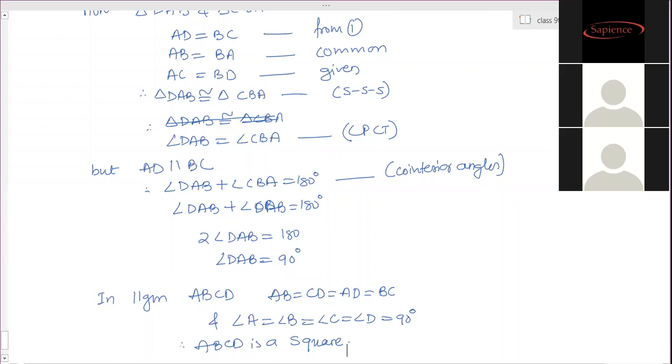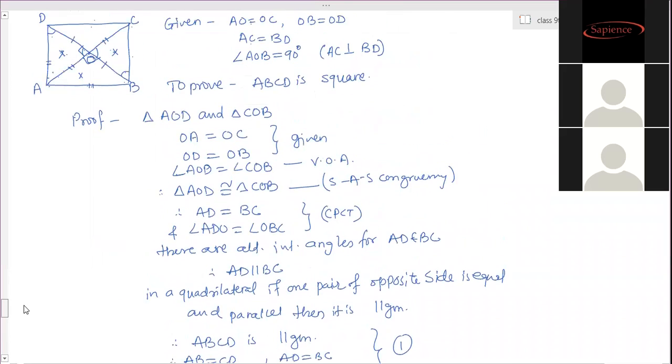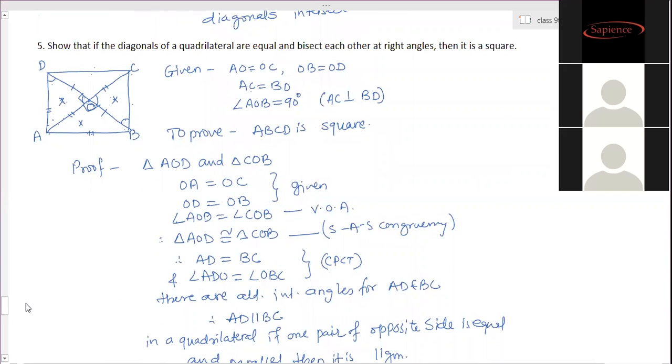Ma'am, but angle A is equal to angle B is equal to angle C is equal to angle D. We have to write that if one angle is 90 degrees, then all angles are 90 degrees, or something. Yes, so therefore directly I have written this. Okay. So these are all 4 markers. You have to write proper steps. If one of the steps is also missing, they won't give you marks.